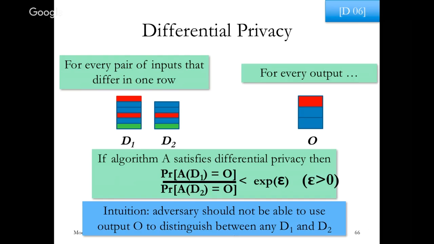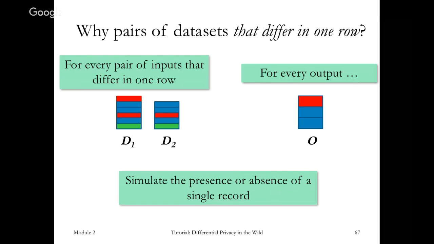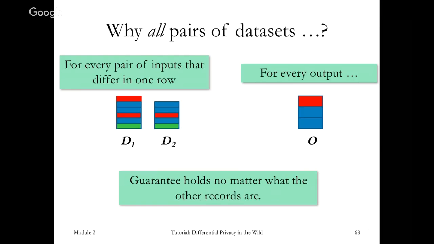But let's unpack this definition a little bit. First of all, why are we looking at pairs of data sets that differ in one row? The idea here is that we're simulating the presence or absence of a single record, which may correspond to one person's private data. We'll come back to that in the second half of the tutorial and revisit that notion. Why are we looking at all pairs of data sets?